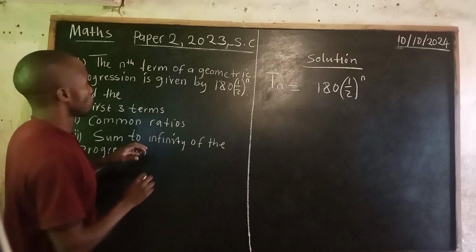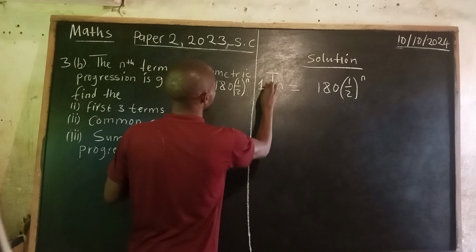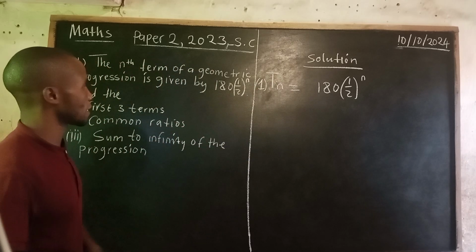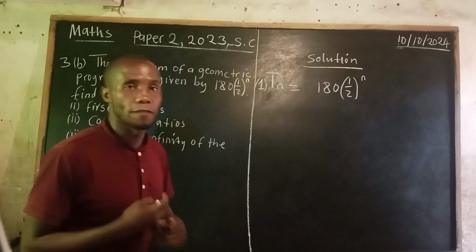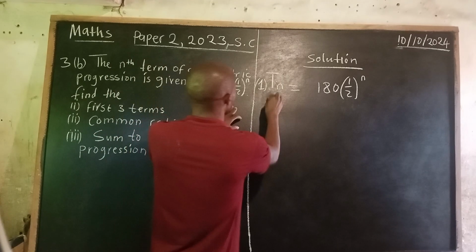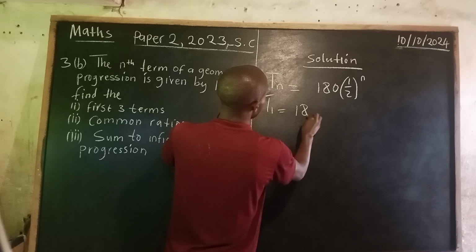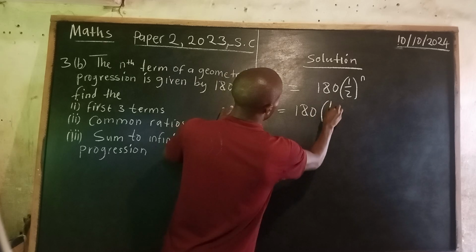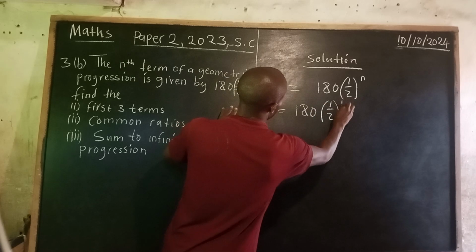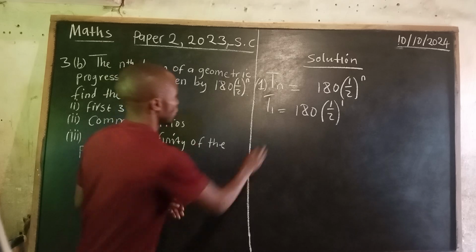Since they are telling us to find the first three terms, we start with the first term. How are we going to find it? Where there is n, we put 1.